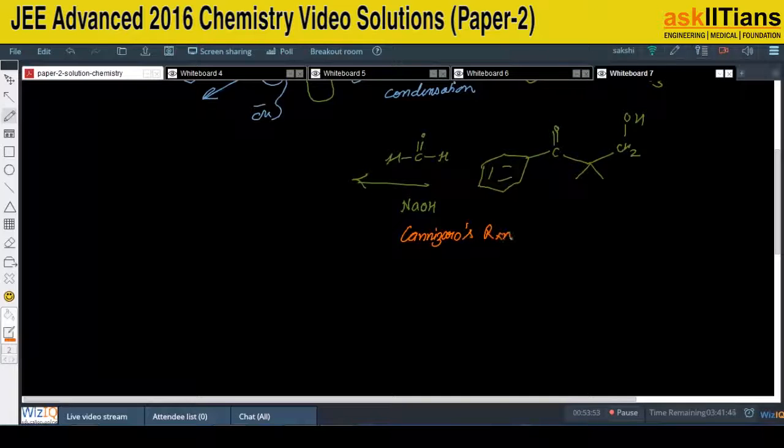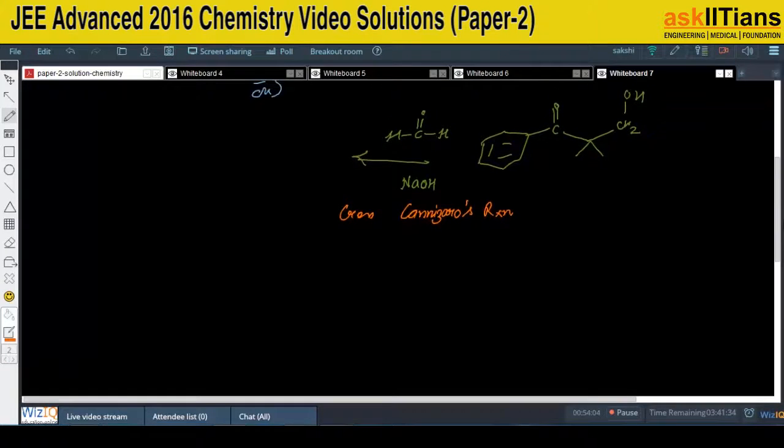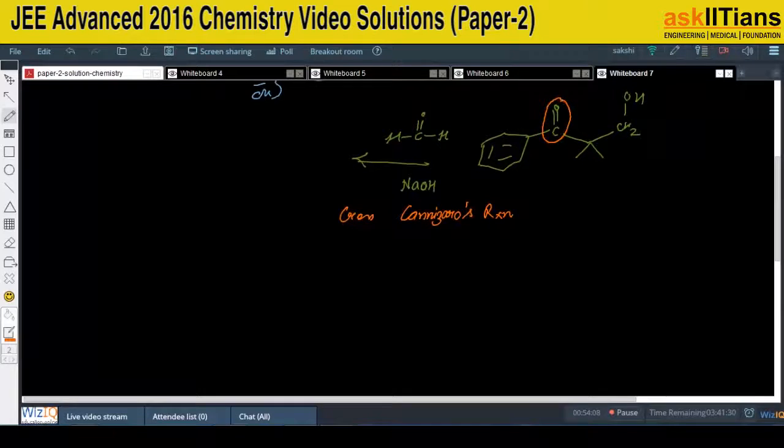But this reaction will not be simply known as Cannizzaro's reaction, it will be known as cross Cannizzaro's reaction, because you have got two different components which are going to show this particular reaction. So we can say that one of the C double bond O will get converted into OH, and the other C double bond O will get converted into COOH, the acidic group.